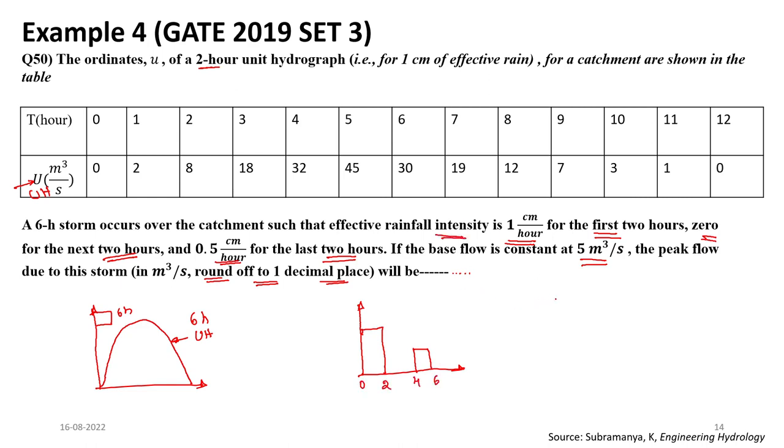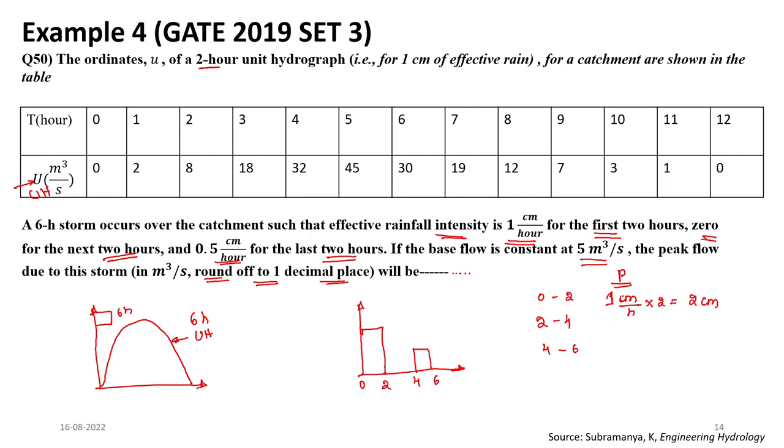So how can we calculate the excess rainfall depth, for 0 to 2, 2 to 4, 4 to 6? We need to calculate P. It will be 1 centimeter per hour into 2, which is 2 centimeter of excess rainfall depth.